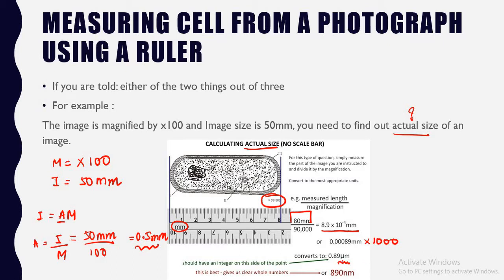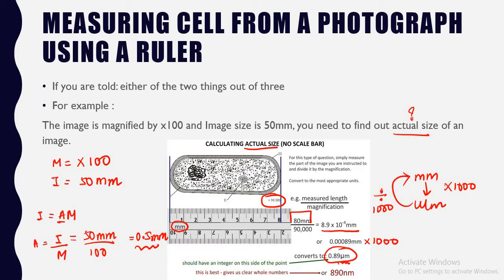That will provide you 0.89 micrometers. So whenever you are going from mm to micrometer, remember what you are supposed to do: multiply. When you go back, division. Here we are going from mm to micrometer, so it is multiplication. So your answer is 0.89 micrometers.